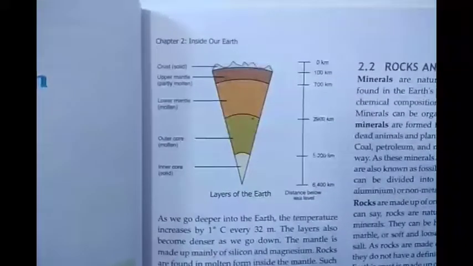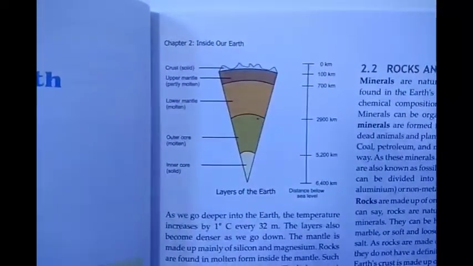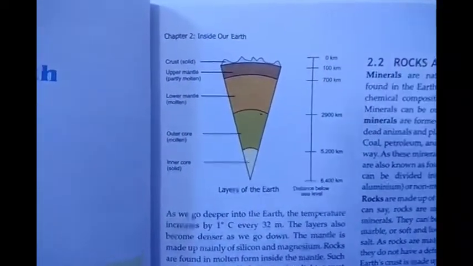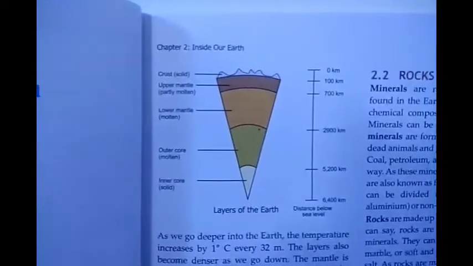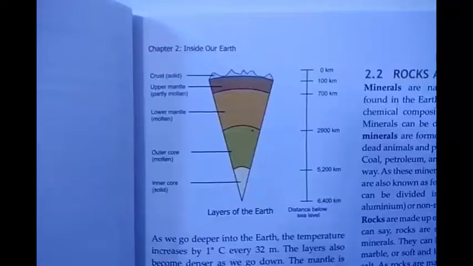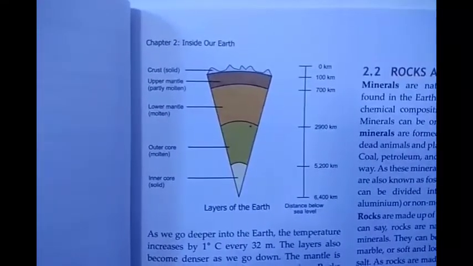I'm going to show you one diagram in your book. The diagram is given in your book. The division of the three layers. You can see the top part we have the crust, then comes the mantle. The mantle is divided into two parts, upper mantle and lower mantle.